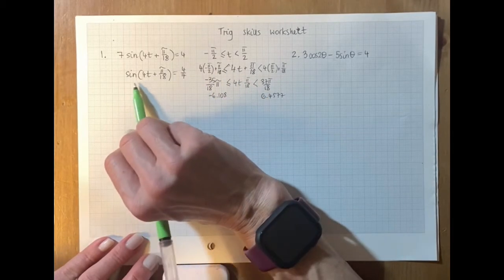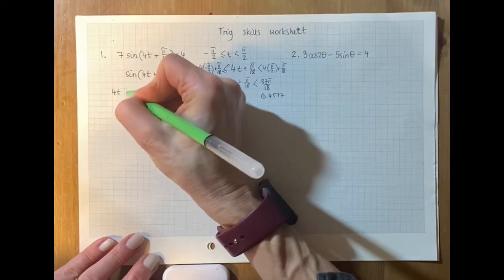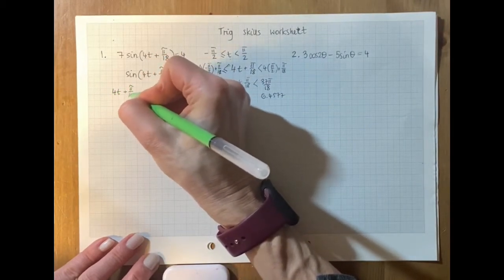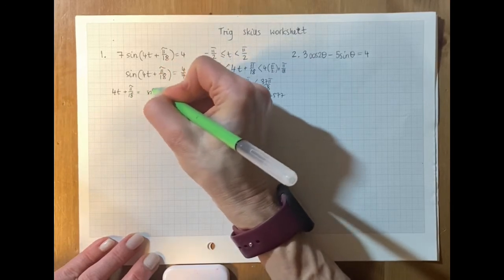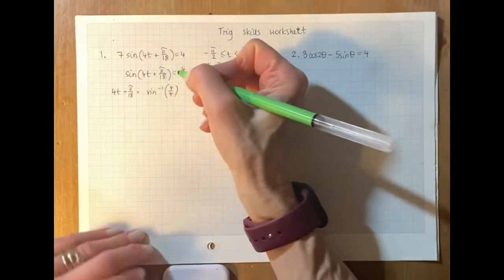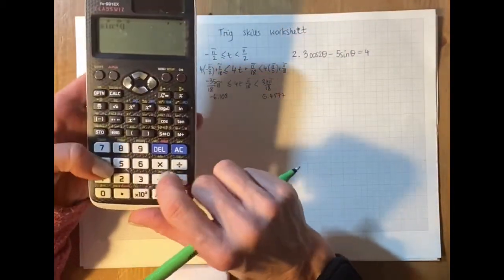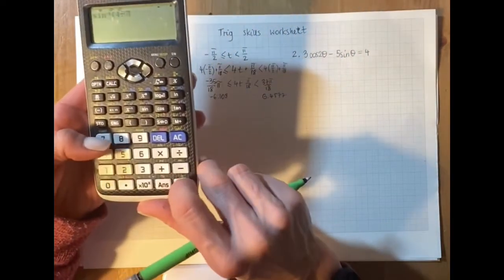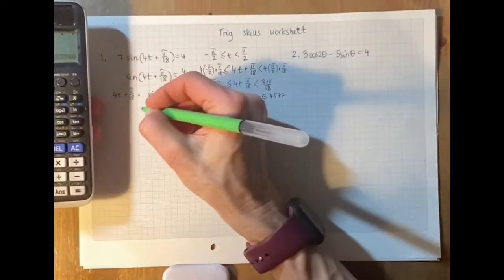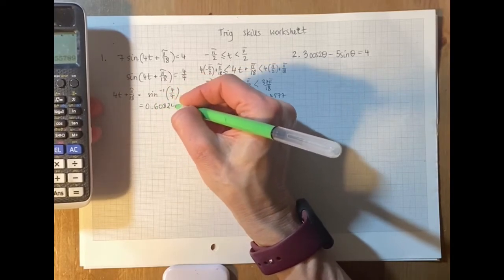Okay, so the first thing we're going to do is the sine inverse. The angle in the brackets is going to give me sine inverse of 4 over 7. This is the principal angle. You need to make sure you are in radians. Sine inverse of 4 divided by 7 is 0.60824.